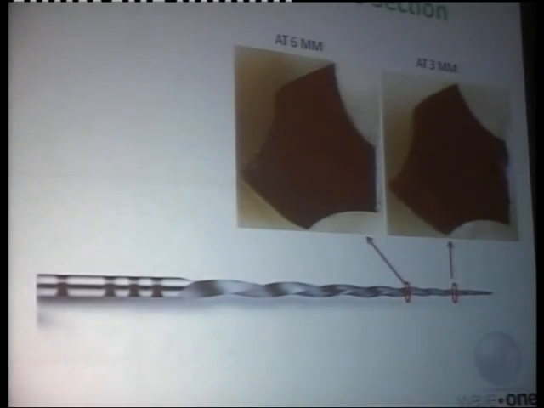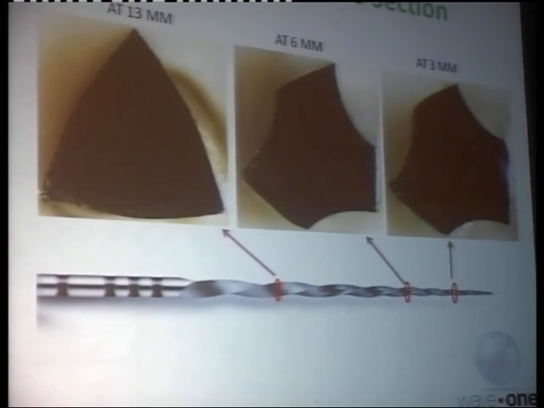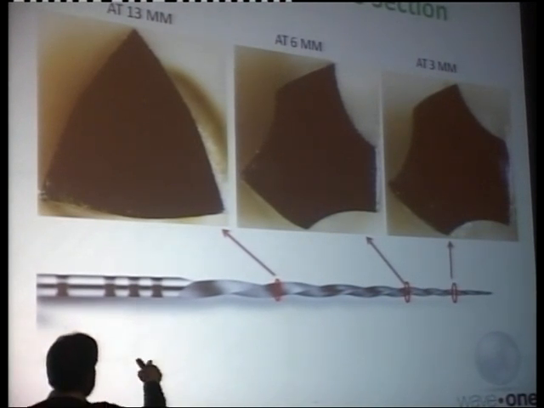This is the cross section of the file. You see, in the coronal portion it is a triangular shape, and it cuts very aggressively here. Instead of a coronal enlargement file, you can use this, at the 13 millimeter level, where the canal is cut very aggressively.